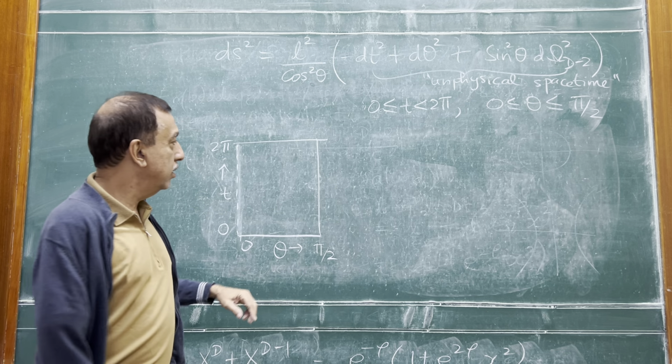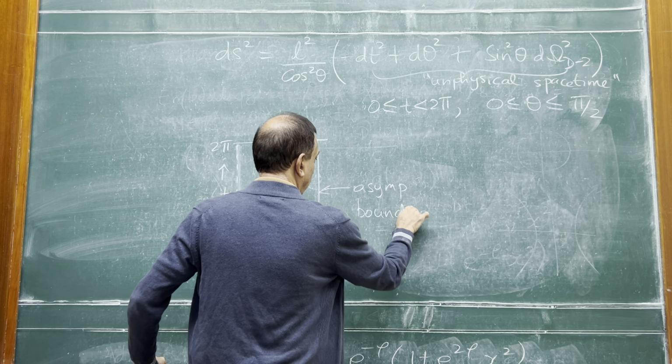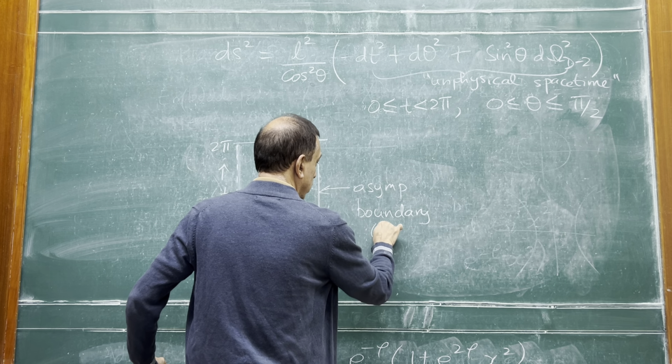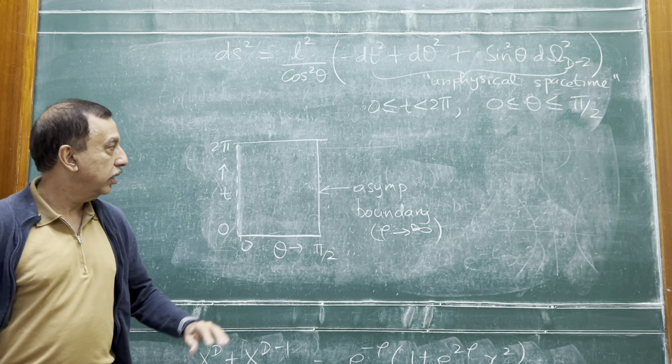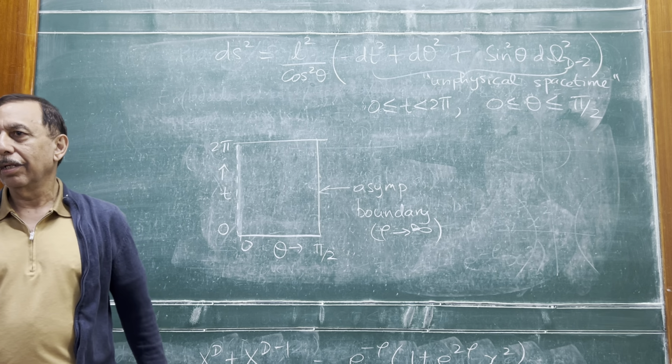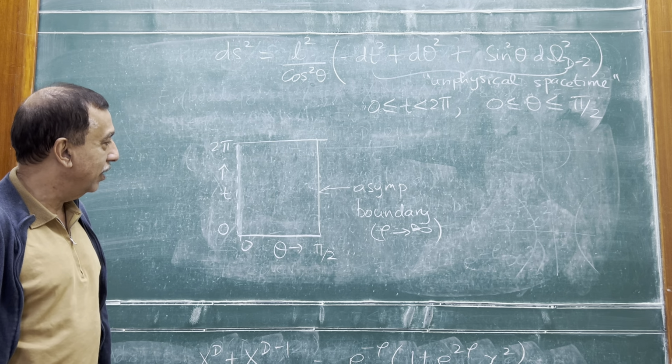And this is the asymptotic boundary. This is rho equals infinity. In the original coordinates, it was rho going to infinity, so it is actually the end of anti-de Sitter. What about up and down? Now something fun happens.